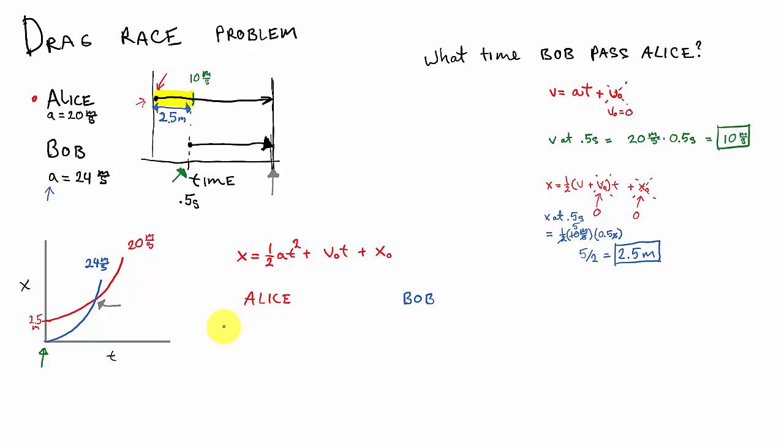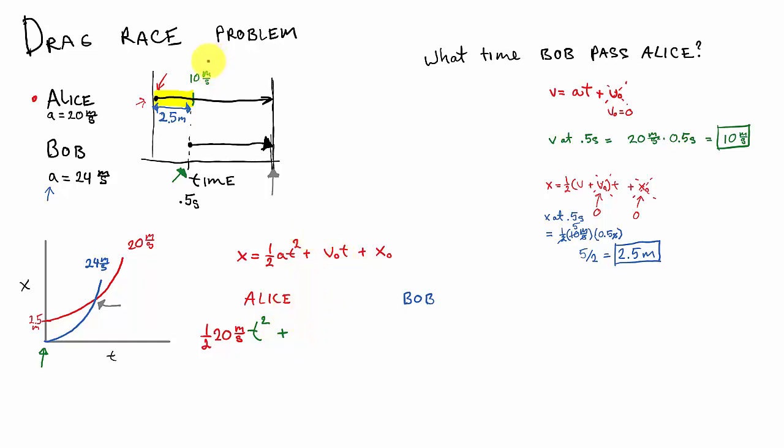So here, in Alice's case, our quadratic equation is going to look like this. 1/2 of acceleration, which is 20 meters per second squared, times time squared, plus velocity initial.